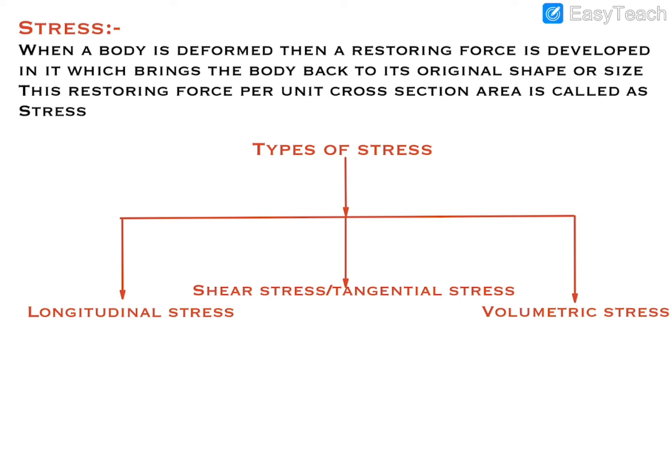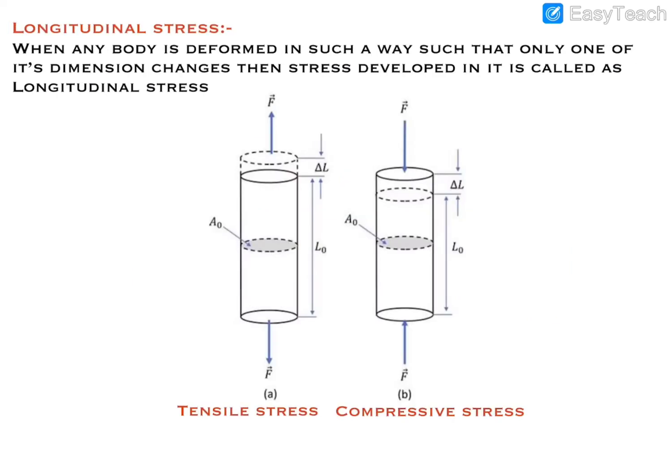The restoring force developed in that body per unit area of cross section is called the stress. There are basically three types of stress: longitudinal stress, shear stress or tangential stress, and volumetric stress. We'll discuss them one by one.